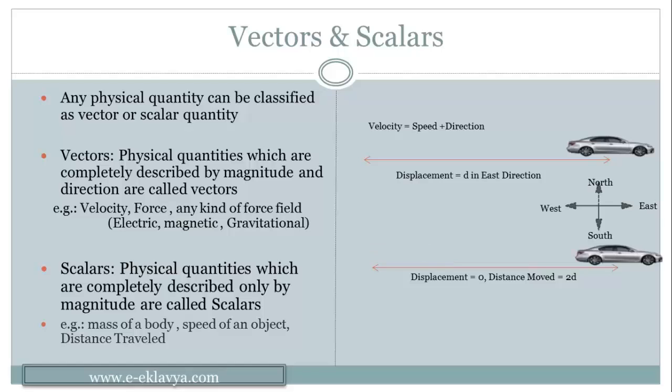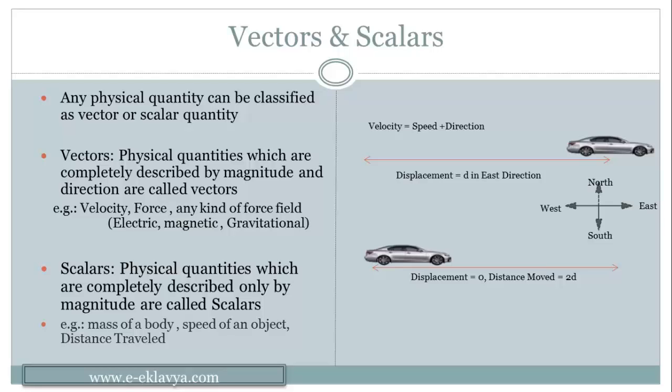Now in the bottom animation, what just happened was, if we take the distance of the red arrow as d, the car went to the other end and came back. So it actually moved a distance of 2d, right? So 2d is the distance which the car moved.